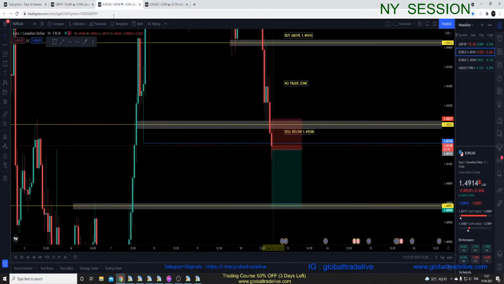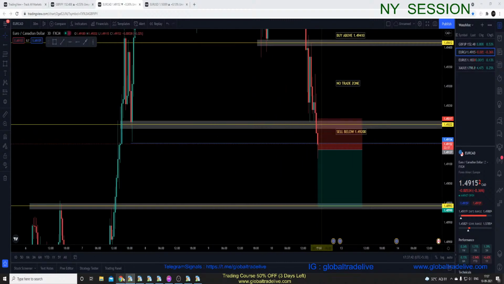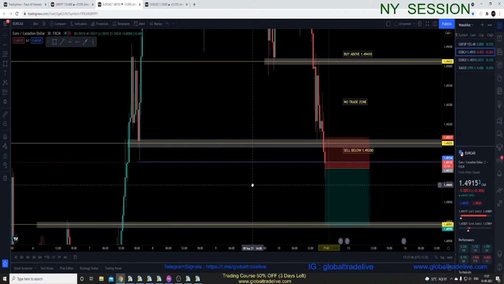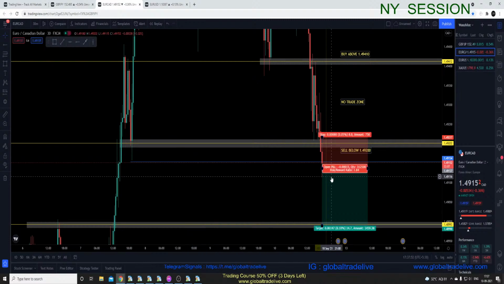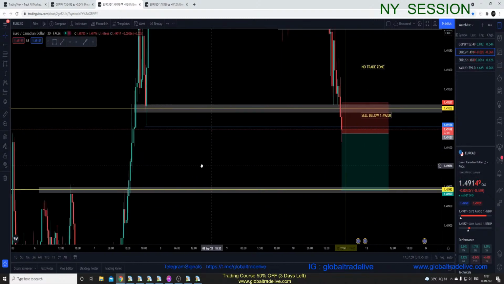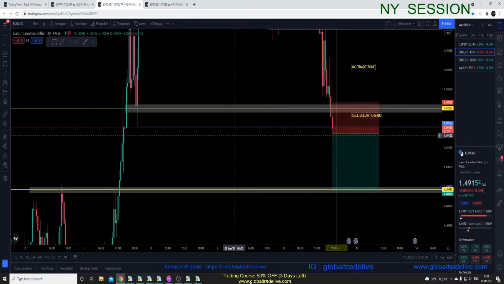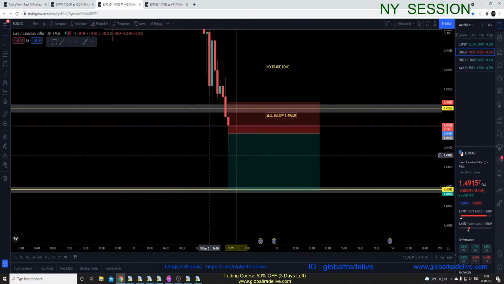GBP JPY is pushing all the way down. I really think that EuroCAD will be filling this symmetry over here, but if that doesn't happen, then it is what it is.